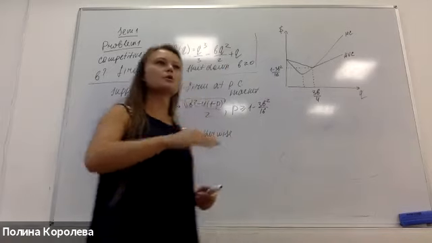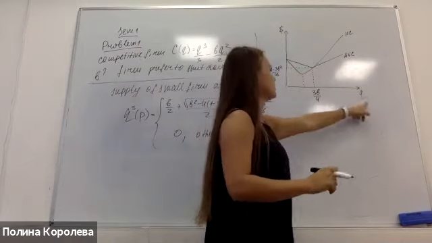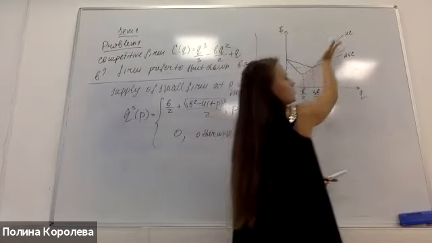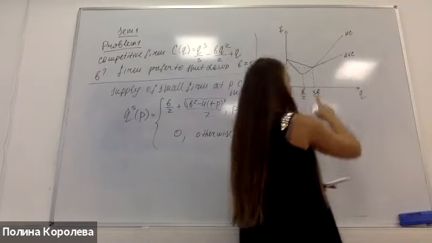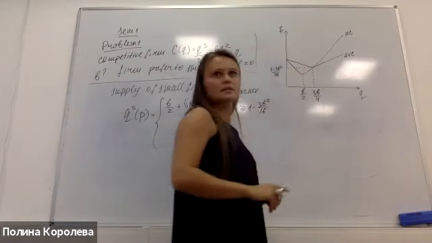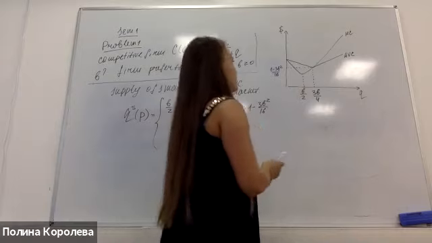We know that we work on the upward sloping part of marginal cost. If quantity is greater than b divided by 2, marginal cost has an upward slope. If quantity is less than b divided by 2, marginal cost has a downward slope. Here, b divided by 2.